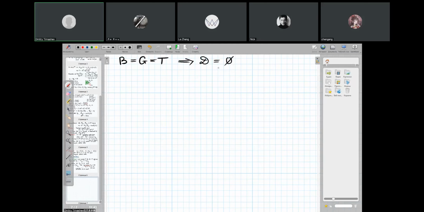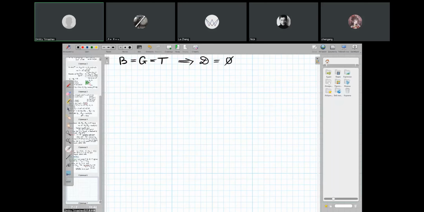Because what are colors? Colors are B-stable prime divisors which are not G-stable. In this case, this cannot happen. So B and G are the same, so any B-stable divisor is at the same time G-stable. There are no colors. This is the first observation.